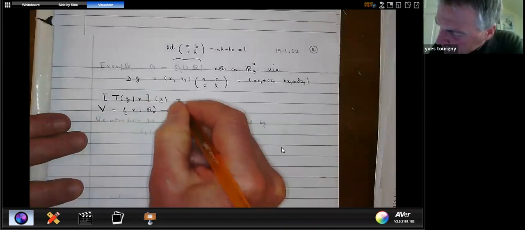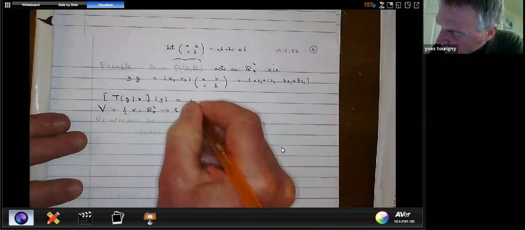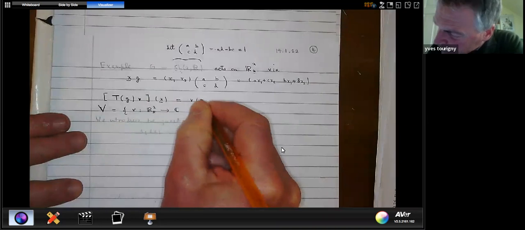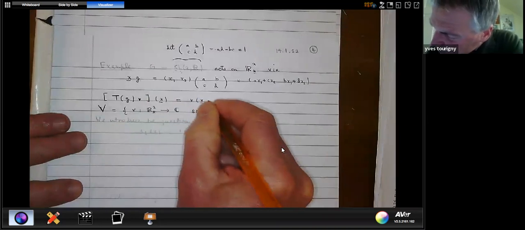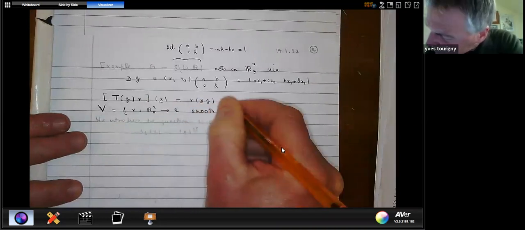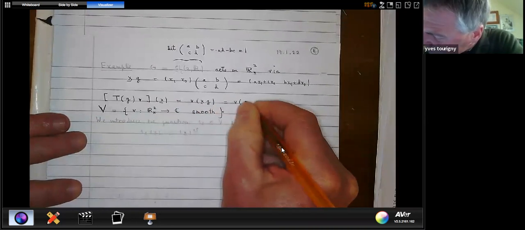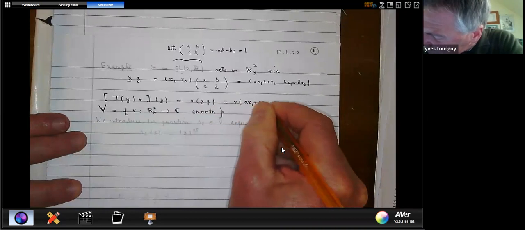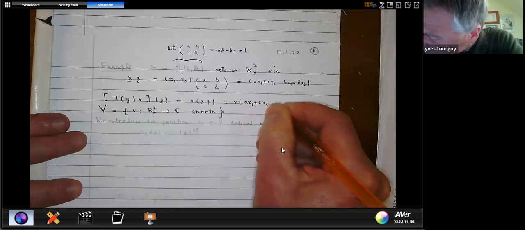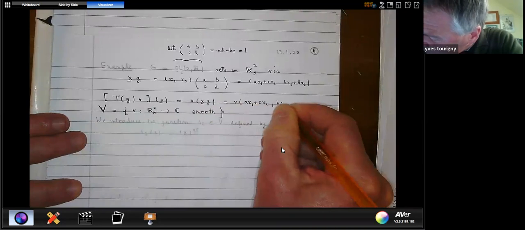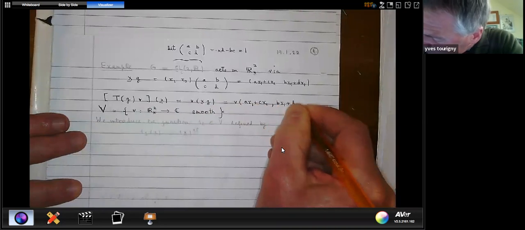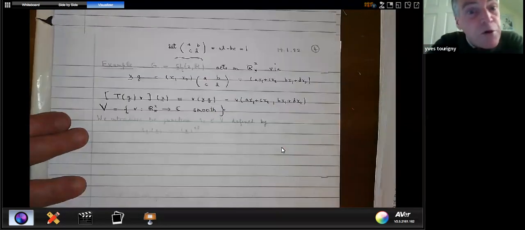TG will simply assign to V, so let me write it at length. So that would be the definition of the operator TG. And that you can check would be a representation of the group.